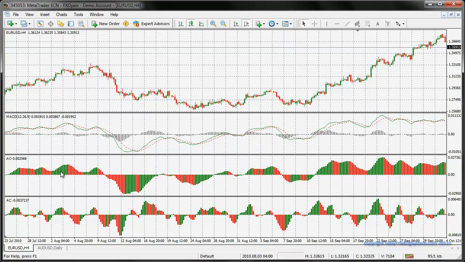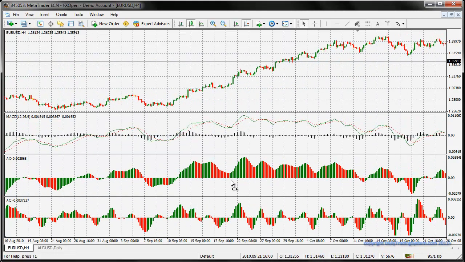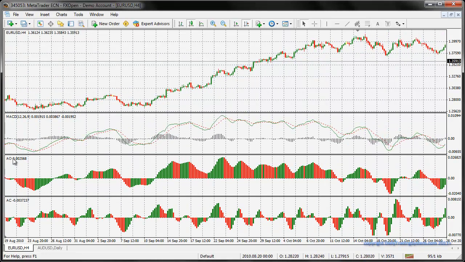You can see that the awesome oscillator doesn't really show a lot of mounds above and mounds below all the time, in a very sporadic fashion. The awesome oscillator does tend to have better properties in regards to letting you know when to get out of a trade compared to the accelerator oscillator.